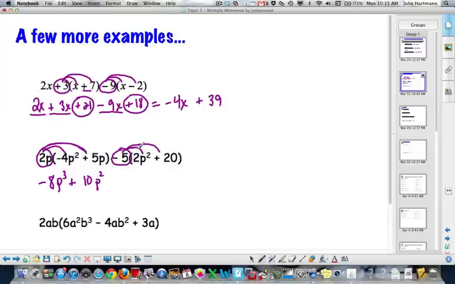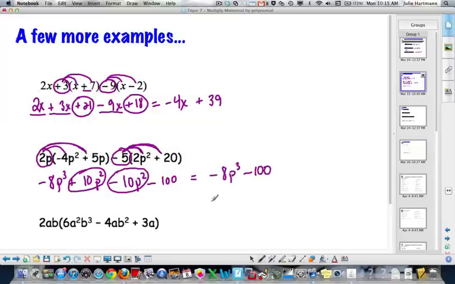And then you have a negative 5 times 2p squared is negative 10p squared, and a negative 5 times a positive 20 is minus 100. Right, 5 times 20 is 100. So now we can combine. We have 10p squared minus 10p squared. Oh, that's 0. So that just cancels out. So you have negative 8p cubed minus 100.